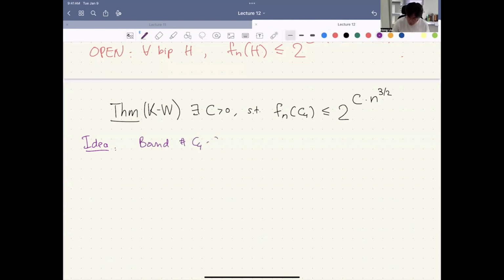So we bound the number of C4-free graphs by bounding the number of ways to grow a C4-free graph, adding one vertex at a time.